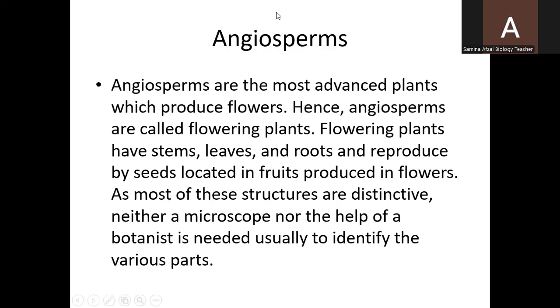Now the second type of plants are angiosperms. Angiosperms are also called flowering plants. They produce flowers. Angiosperms are the most advanced. Flowering plants have stems, leaves, and roots, just like the ferns, but they reproduce sexually by seeds located in fruits produced in the flowers.